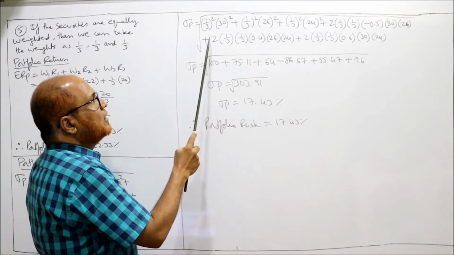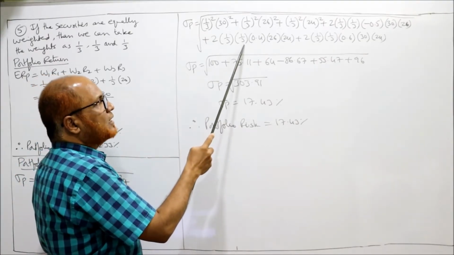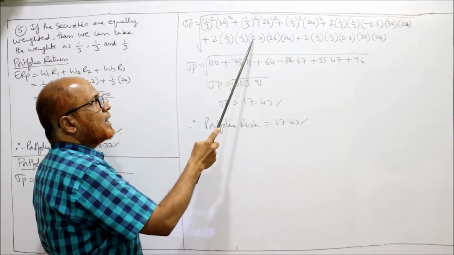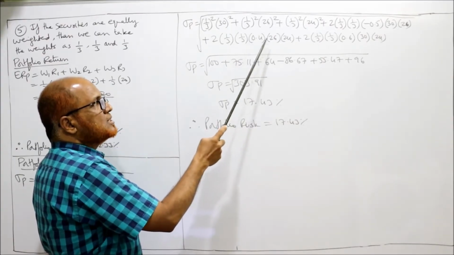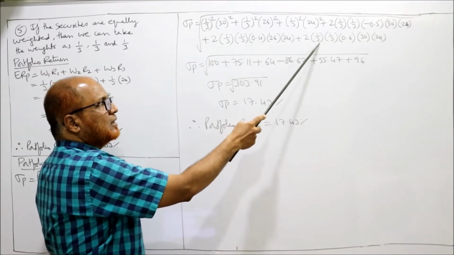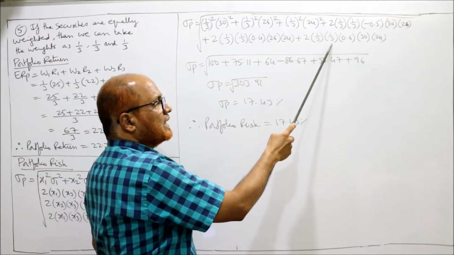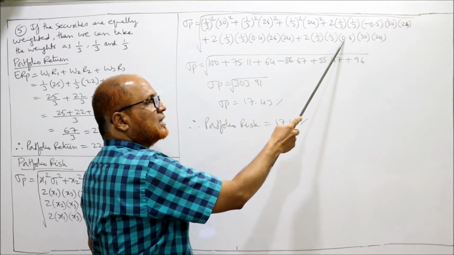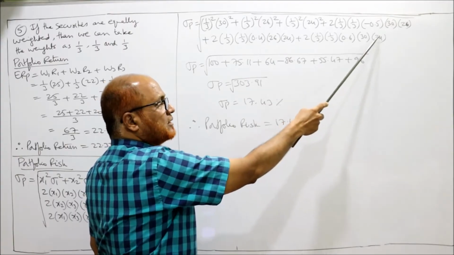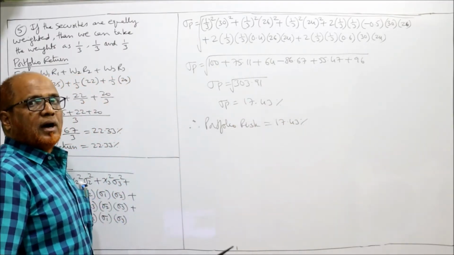Now 2 and 3: 2 into x2 into x3, 1 by 3, 1 by 3, then R23 is 0.4, sigma 2 is 26, sigma 3 is 24. That is the 2, 3 combination. And 1 and 3: 2 into x1 into x3, then R13, the correlation of P and R, is 0.6, sigma 1 sigma 3. We will take the square root of all this.